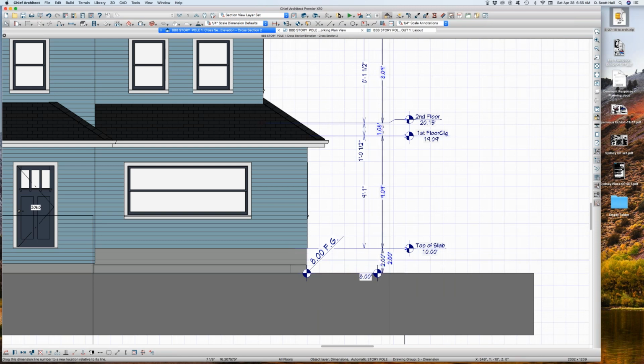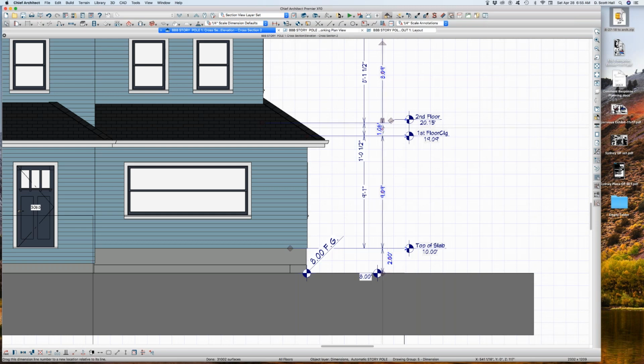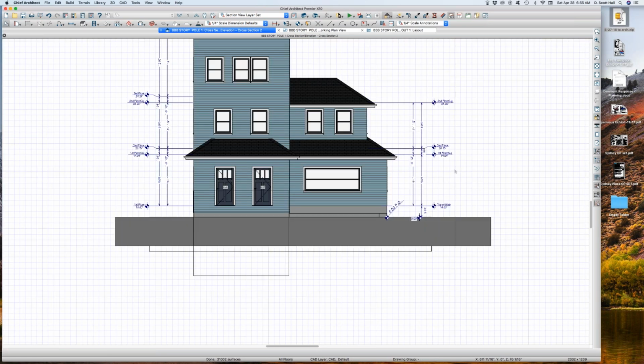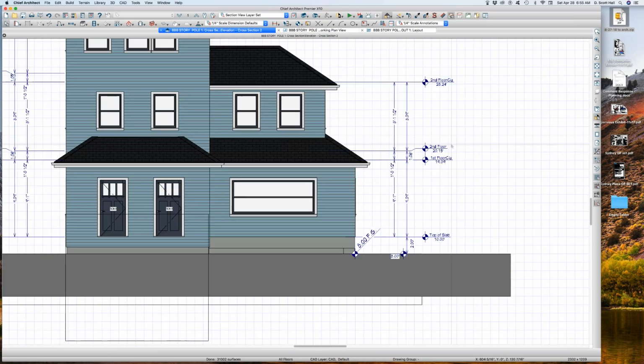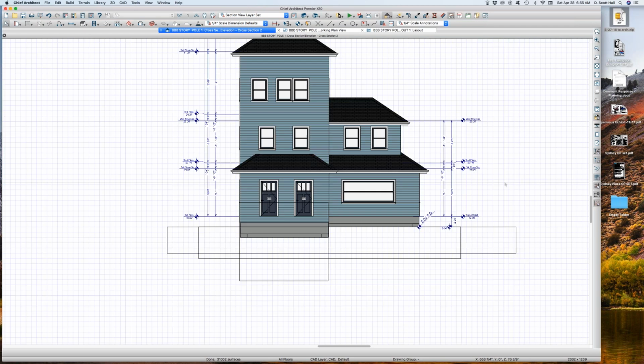I can move the dimension around, but I can't move that grade marker. I think there was something that said I could move these things a little bit. In fact, I think I like this. Yeah, second floor, first floor ceiling, second floor ceiling. I like it. What happens if I have a basement?